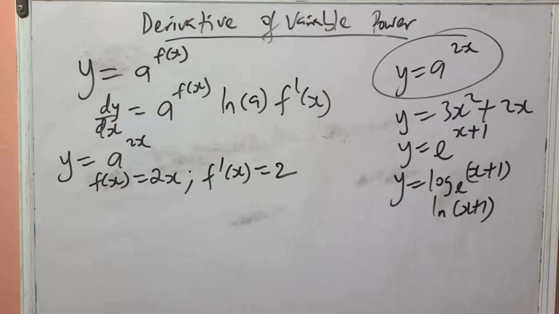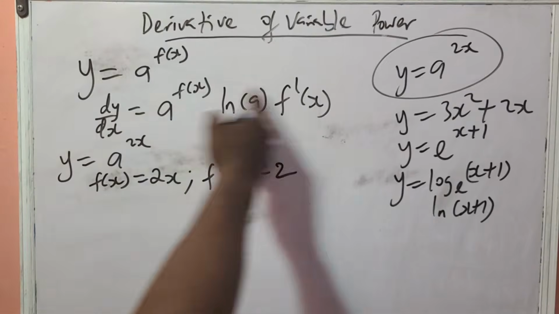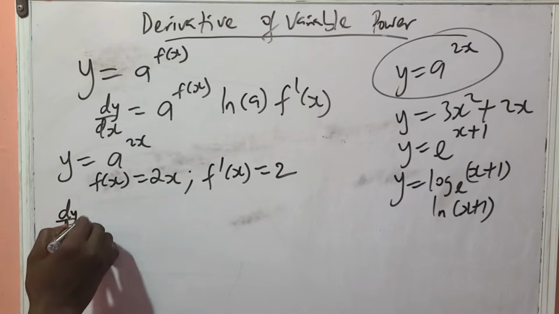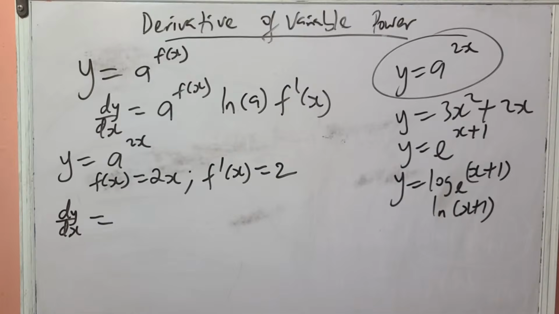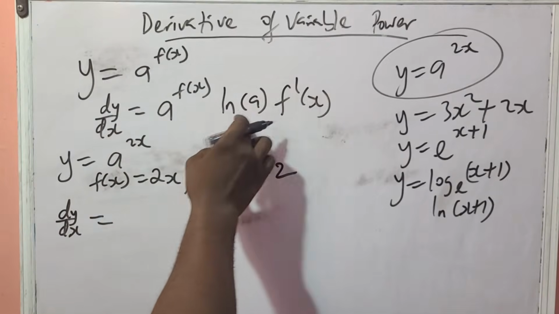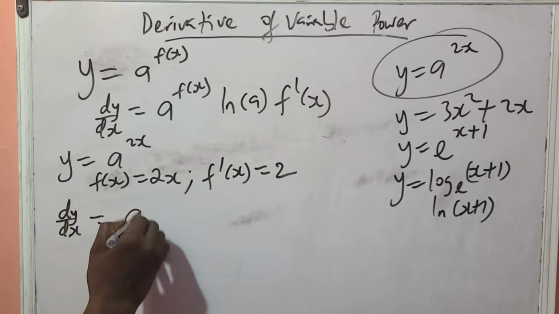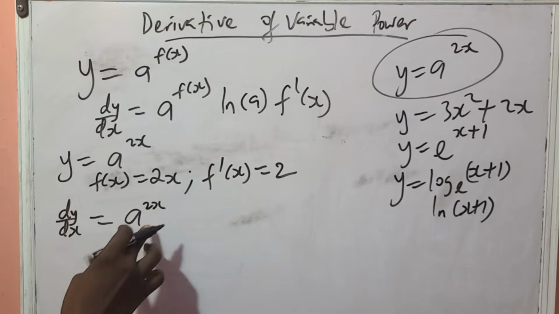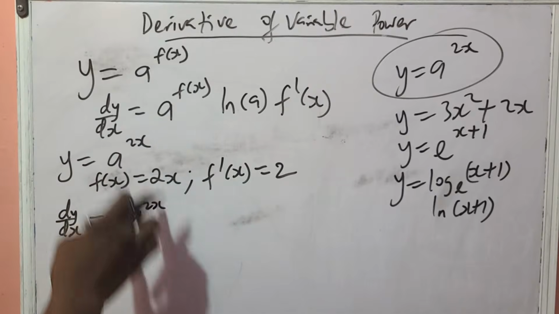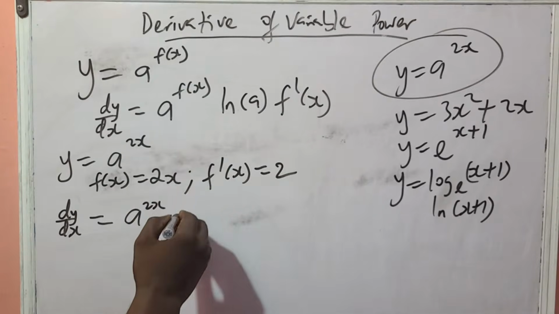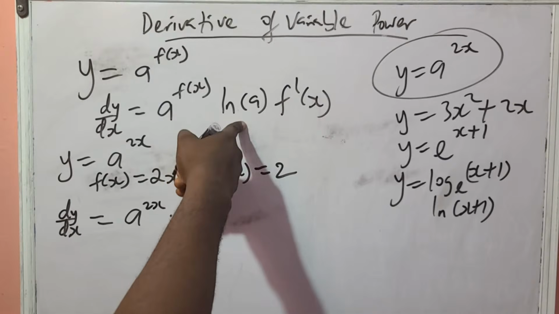Now, what will be dy over dx based on everything I just said? I will say dy over dx will be equal to, of course, you can arrange all these things in a much better way, it doesn't have to follow this arrangement. But just so you understand, I will write a raised to power 2x. I will rewrite the same thing. Multiply that with natural logarithm. I will use log e here, you can use ln also, whichever one you use.